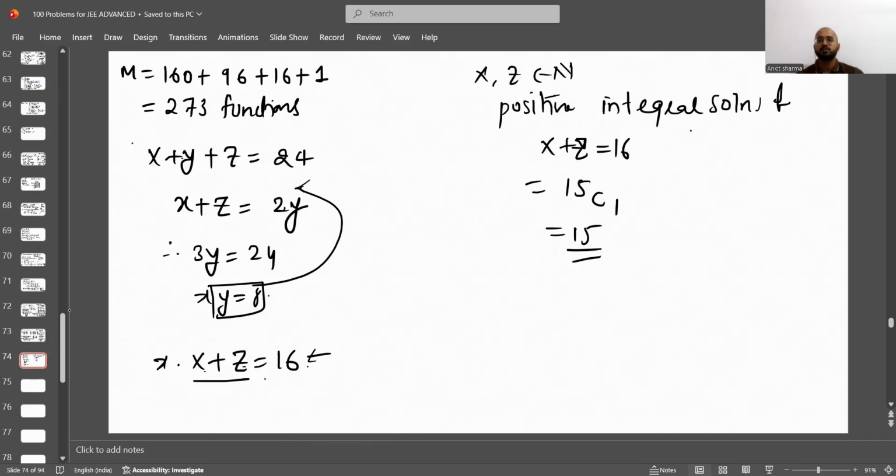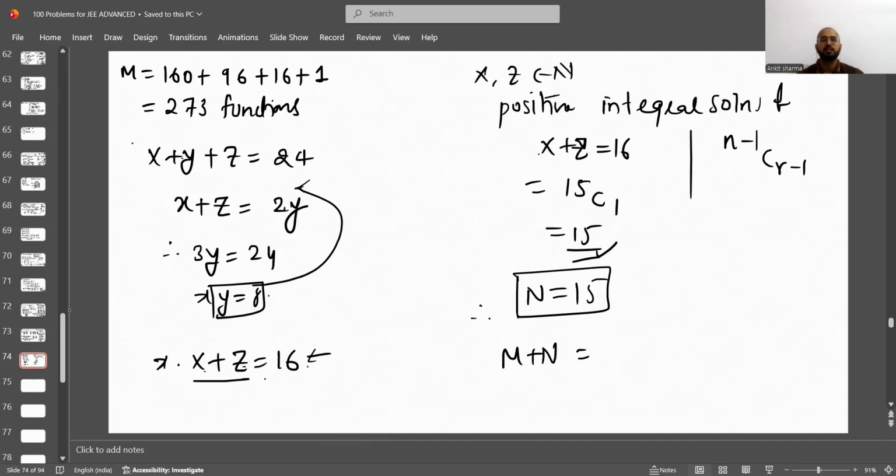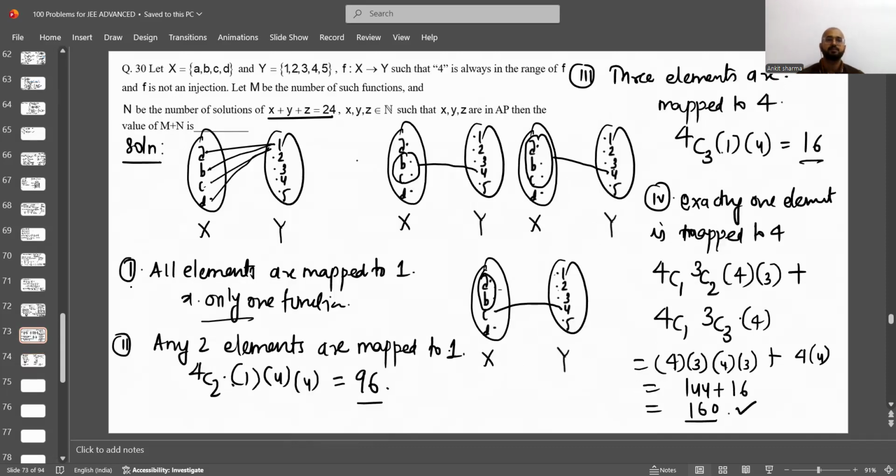Because the number of positive integral solutions for x1 plus x2 and so on is n minus 1 c r minus 1. So we can use this. So this gives me 15. Therefore, n is equal to 15, which means m plus n will give me 273 plus 15, which is 288. So the final answer would be 288.